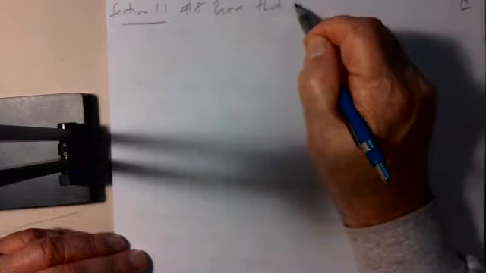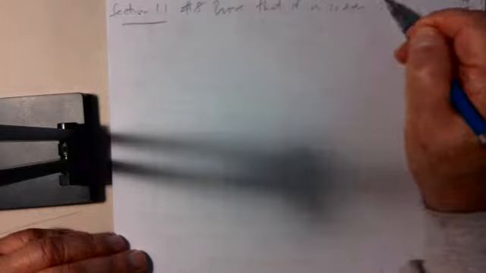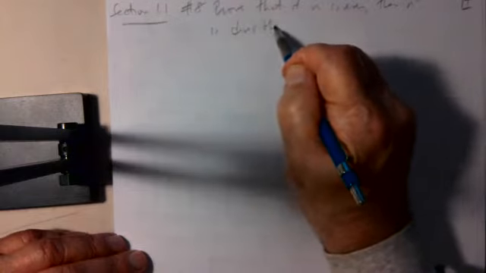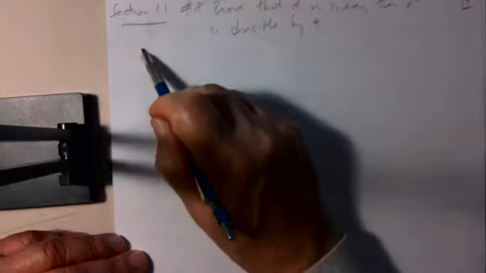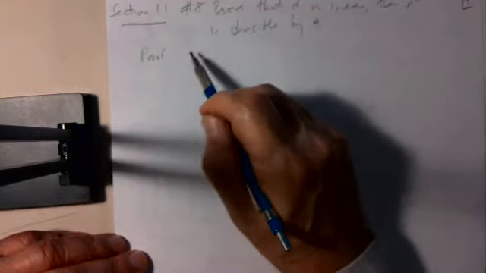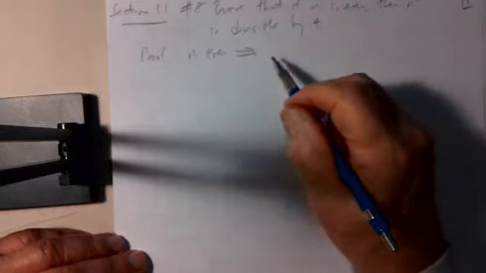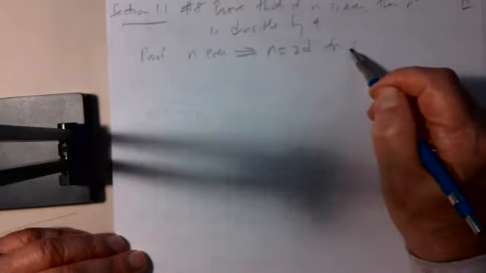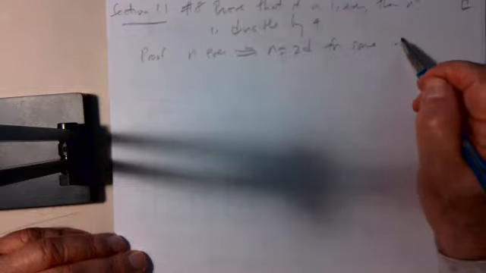prove that if n is even, then n squared is divisible by 4. So prove. If n is even, what does that mean? It means n is a multiple of 2. n equals 2 times d for some integer d.